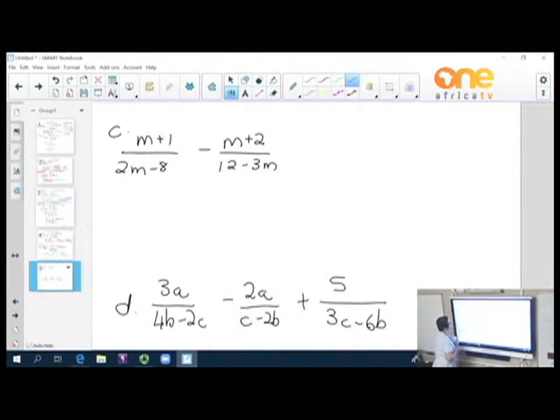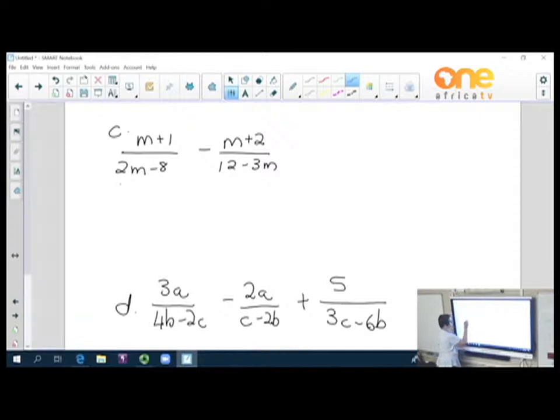Right, now we're looking at number C. Again, I need to factorize right at the start. So this one is the highest common factor, m minus 4. Here the highest common factor is 3, 4 minus m. So again, I have a problem. My signs are wrong here. I want to change my signs.